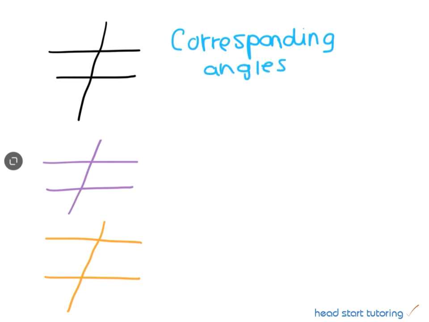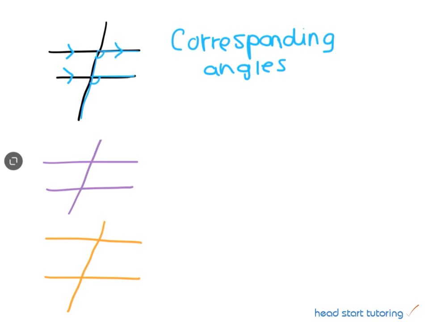We are going to have a look at corresponding angles. Corresponding angles are angles that, when we are working with parallel lines, form an F. So we are looking for an F. So there is our F, and underneath the arms in our F, those two angles will be equal.